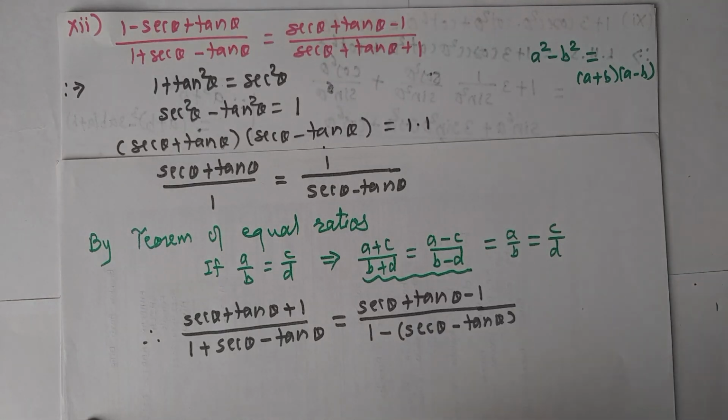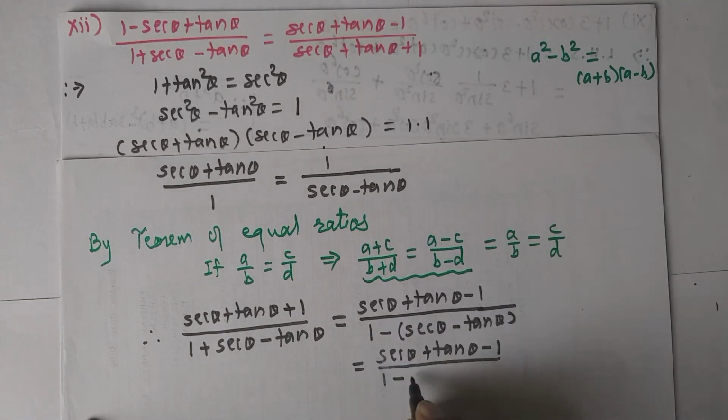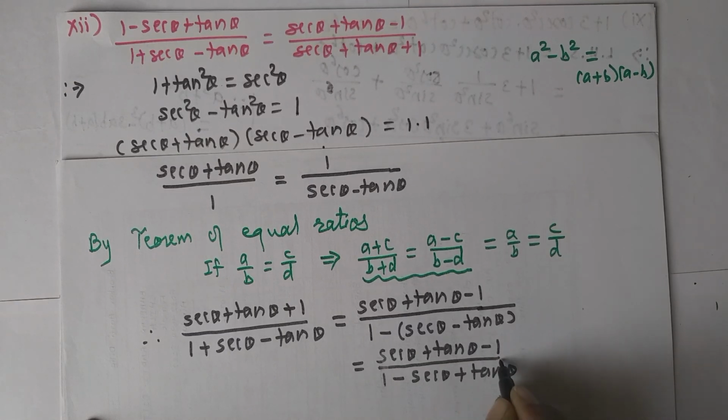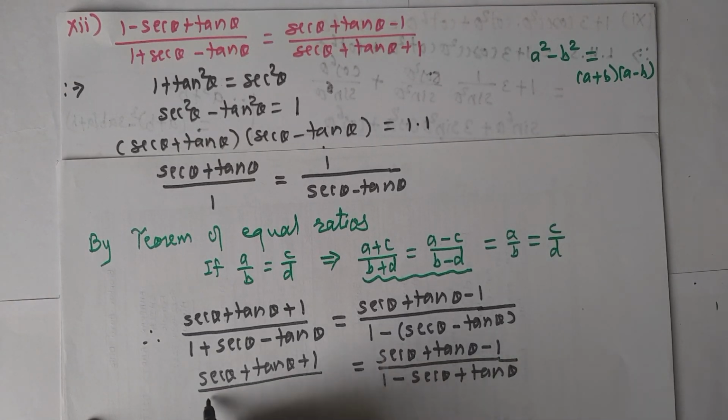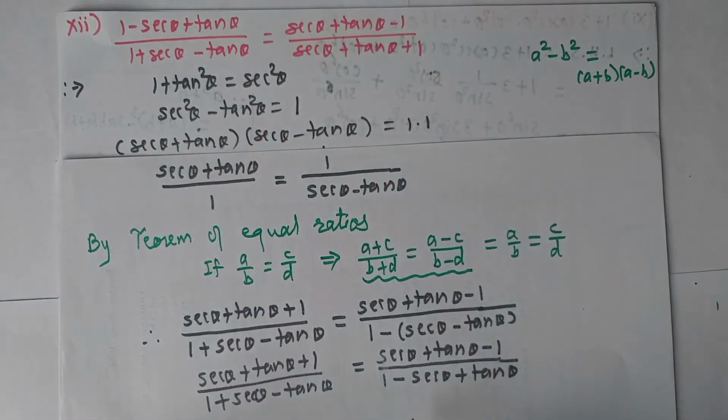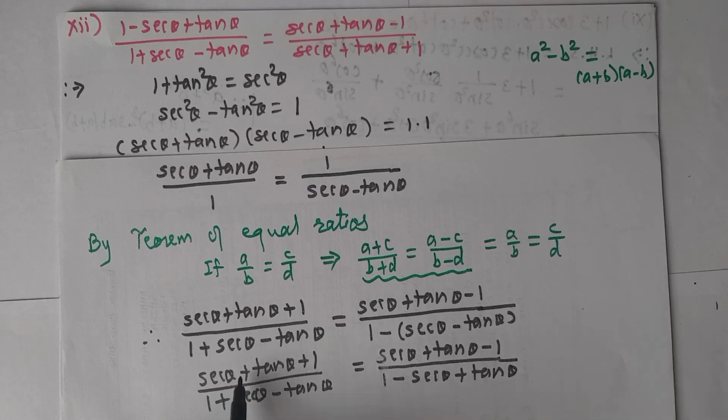Now in the next step you open the bracket. This will be 1 minus sec theta plus tan theta. Okay, write down this left hand side as it is. Now to get the required identity, I will transfer this to the left hand side, it goes in the numerator, and I will transfer this to the right hand side, that goes in the denominator.